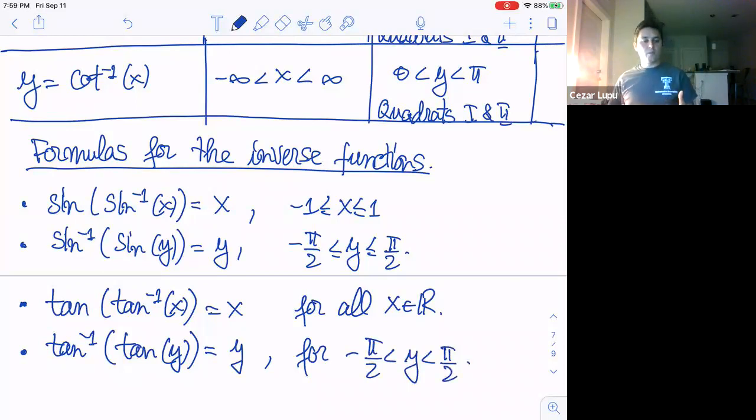All right, so these are the formulas. If we compose the function sine with the inverse of sine, it will give you the identity. So that's it.